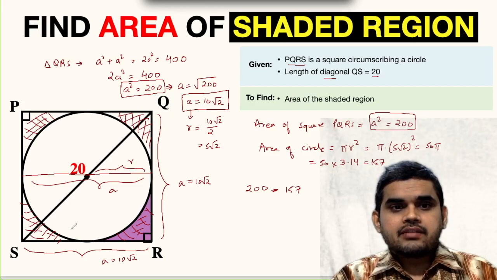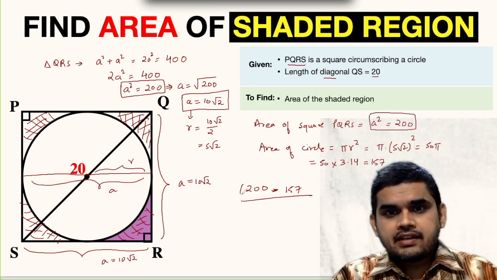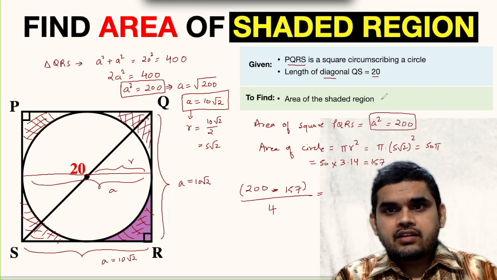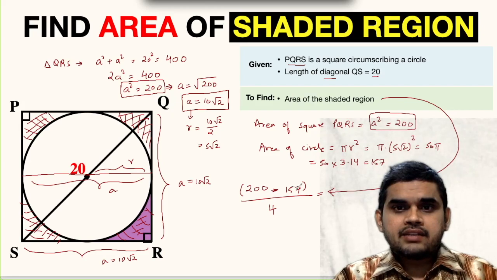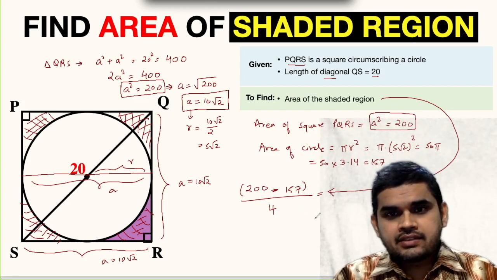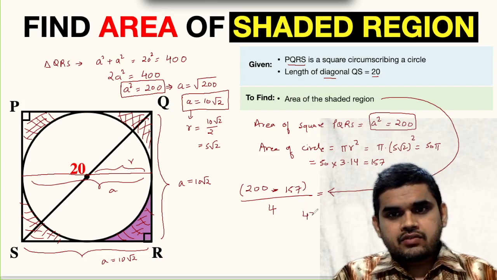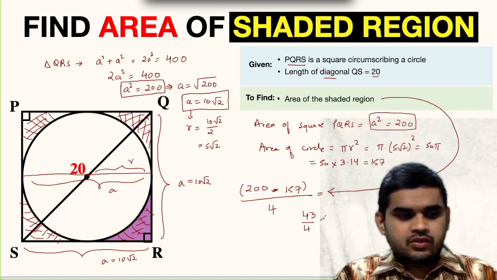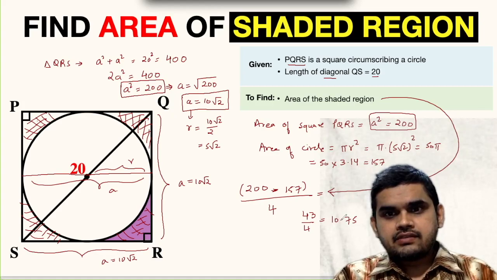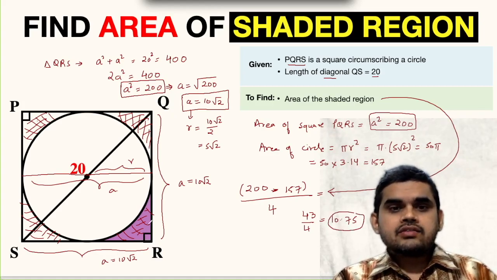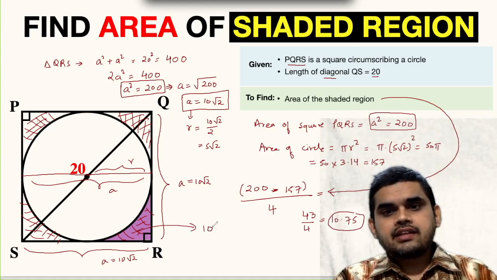And since they are symmetrical, if we divide this area by 4, we will get the area of the shaded region. So 200 minus 157 is 43, divided by 4 is 10.75. So the area of this shaded region is 10.75 square units.